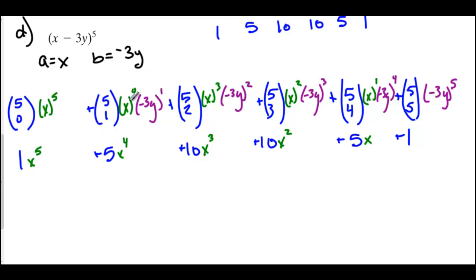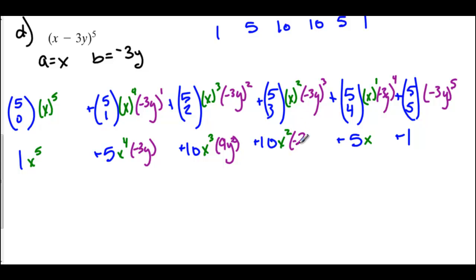And then the one that's going to take a little bit of thinking is going to be that negative 3y. So we're going to have negative 3y to the 1st. That part's fine. And this negative 3y squared is going to give me what? Any ideas? Beautiful. Yes, it's going to be a positive 9y squared, because this is negative 3y times negative 3y. So it's going to end up a positive. Here, we've got a negative 3 cubed, so it's going to still stay negative.